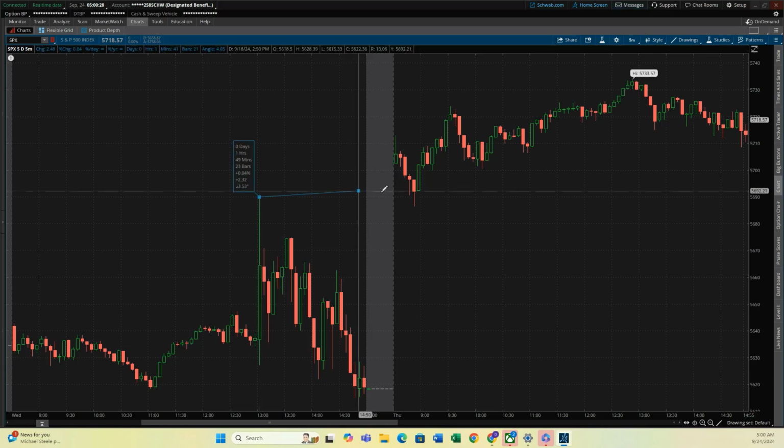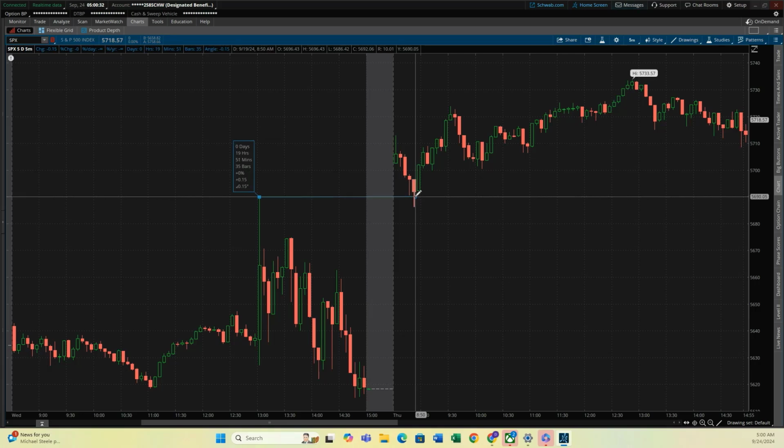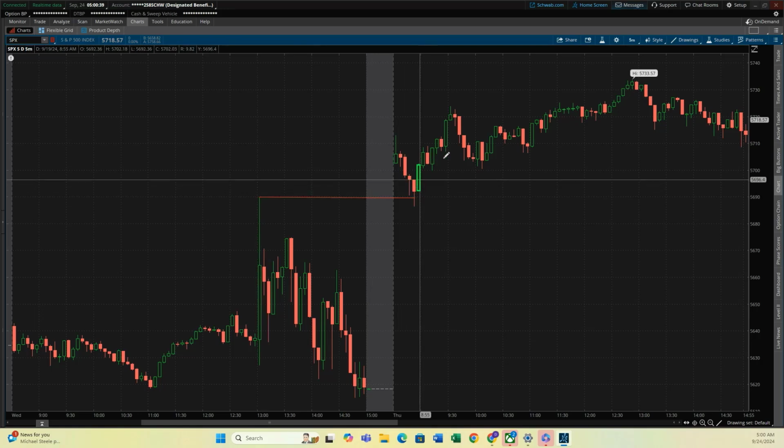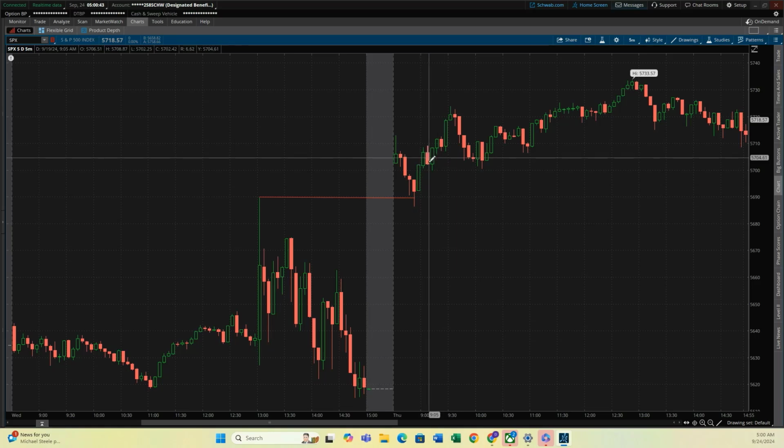So basically right in through here, you can see that it spent a little bit of time trying to retest the high of the previous day, but then it bounced relatively quickly. And so this was a trade setup that I did in the 0DTE trading room.